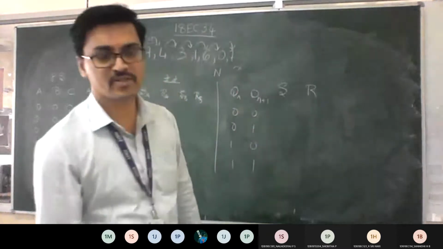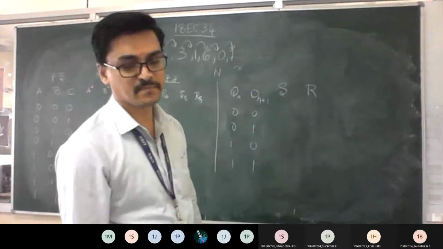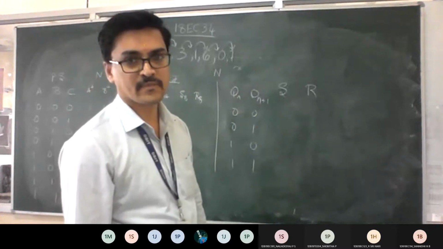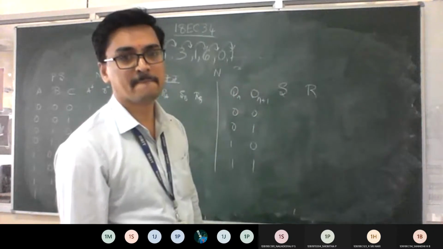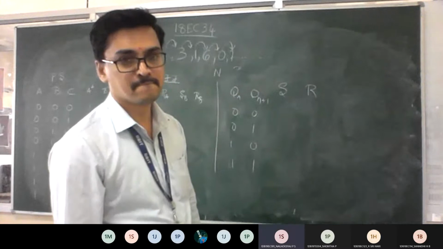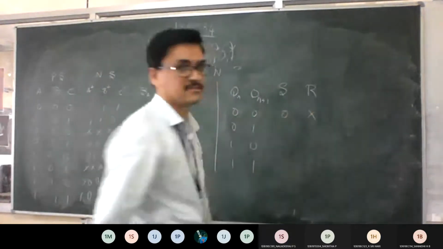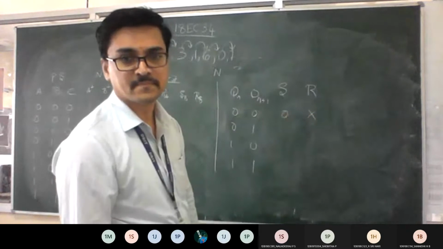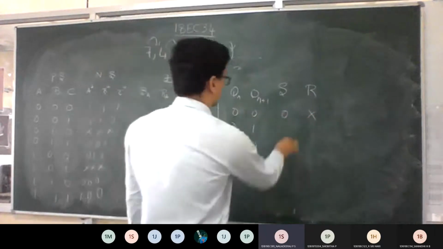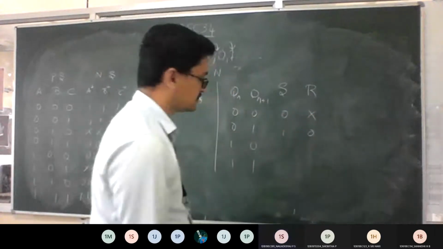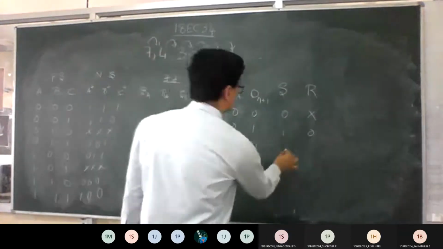In order, for 0, 0, what was the excitation table for SR flip-flop? 0 don't care. 0 1: 0 1. 1 0: 0 1.